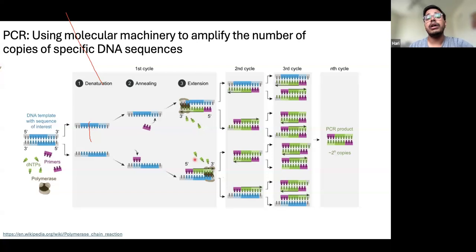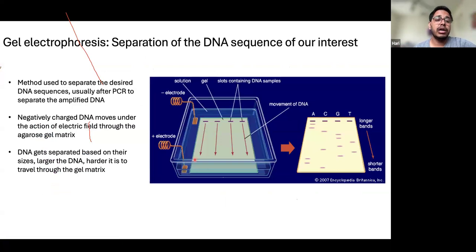Now that we have amplified all these DNA sequences using PCR, how do we separate out the specific sequences that we require? For that, we use a different method called gel electrophoresis, which separates DNA based on size.